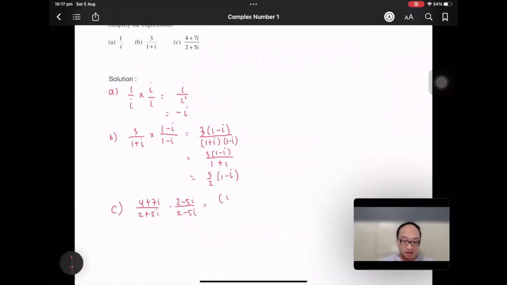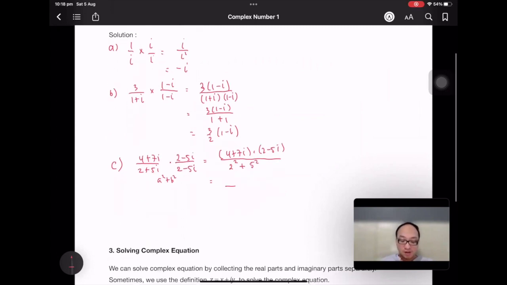On the top will be 4 plus 7i times 2 minus 5i. The bottom will be a squared plus b squared, so 2 squared plus 5 squared, which is 4 plus 25, so 29.